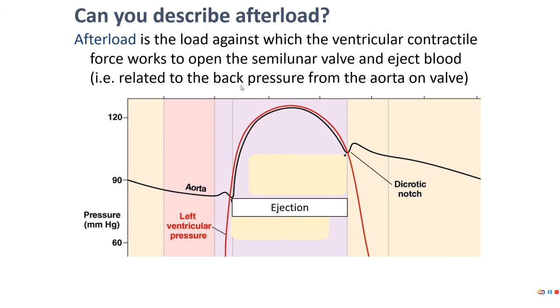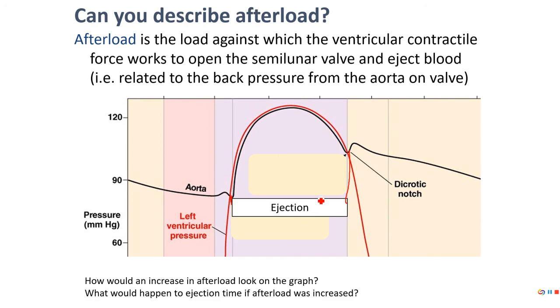And so notice ejection goes, and this box is the length of the time of ejection, but it goes from here all the way to here. If I could draw straight lines, that would be great. Okay, so what's going to happen if I increase afterload on this graph? Another thing that I want you to consider is what's going to happen to ejection time if afterload increases.